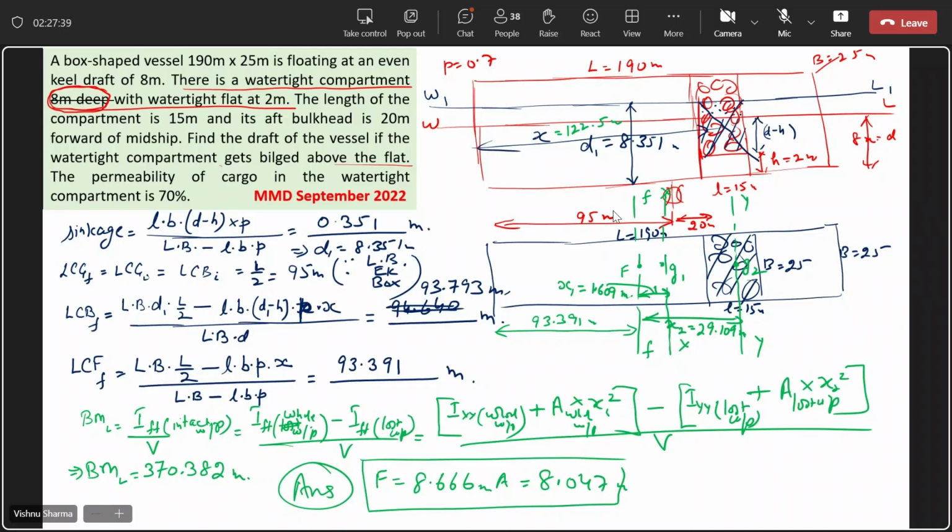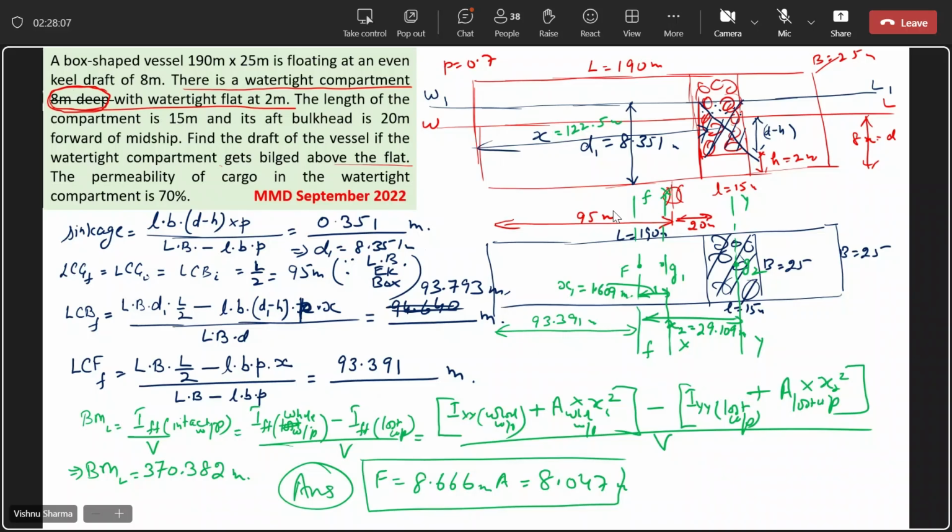We have done the trim issues related to a ship which was initially even keel. We did not have to calculate LCG. We could reason it out and get the LCG. Tomorrow we'll see if the vessel is initially trimmed, and then we'll talk of a vessel if the compartment has any. Now here we have already taken permeability.